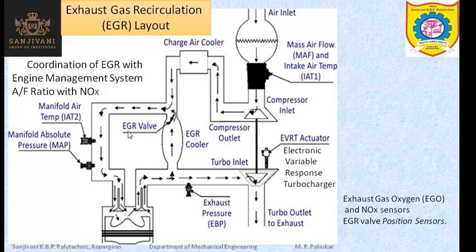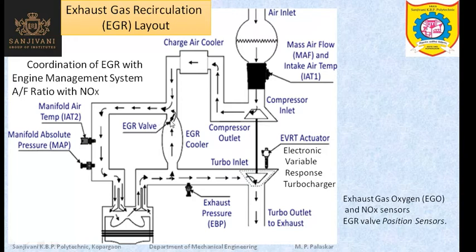This is the EGR control valve, the exhaust gas recirculation control valve. How much percentage, how much quantity of the exhaust gases should be recirculated is controlled by this valve, and we have seen that the position of this valve is sensed by the engine ECU.